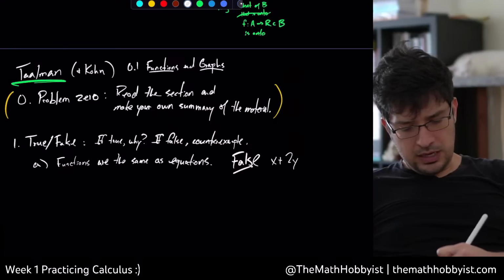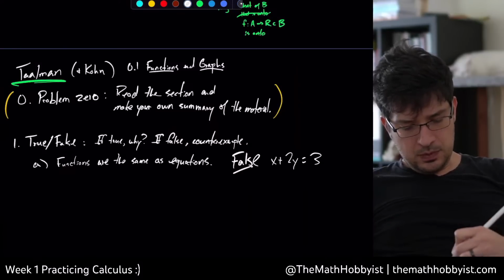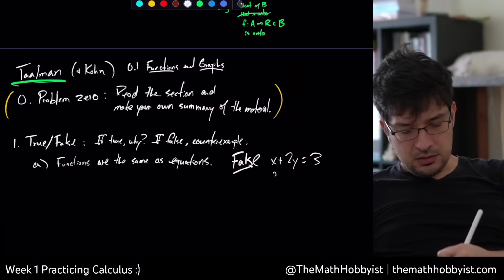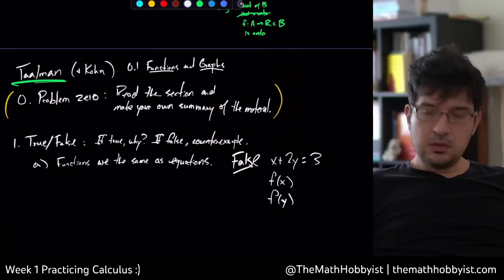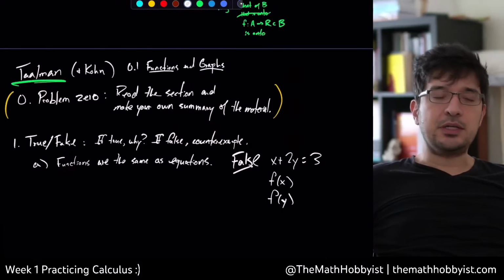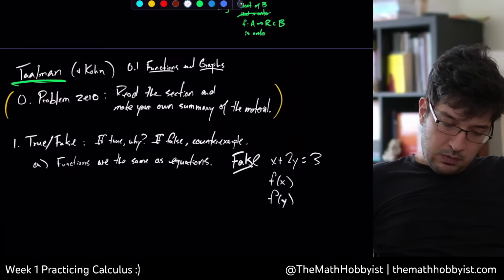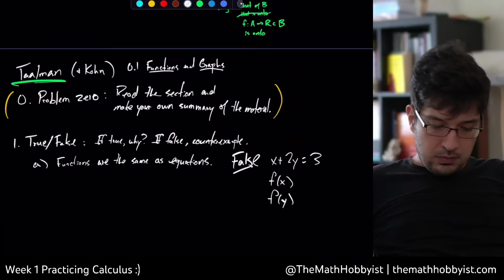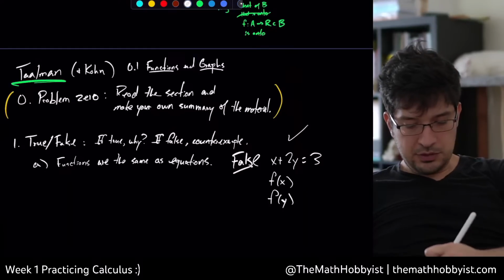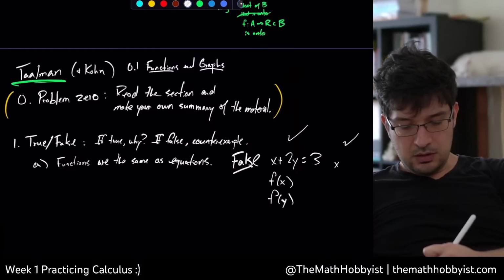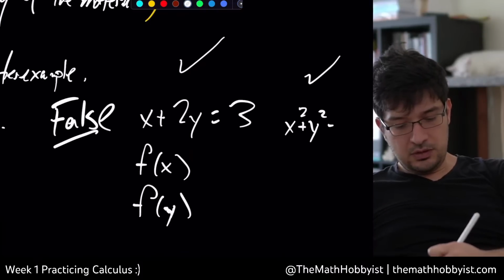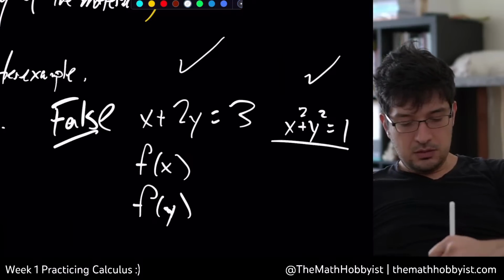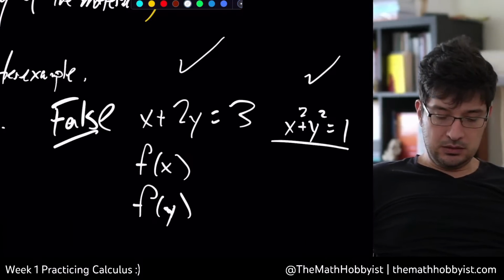X plus 2y equals 3 is an equation, and it can be thought of as a function of y or a function of x. I think that's a good counterexample. Another is that, like I was doing earlier, here is an equation for a circle, but that is not a function.